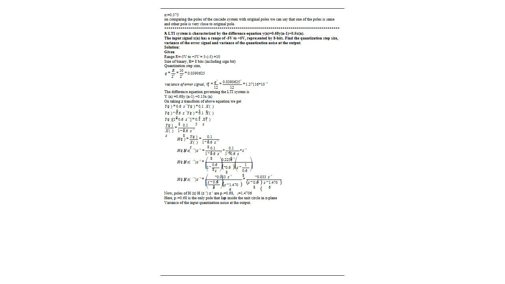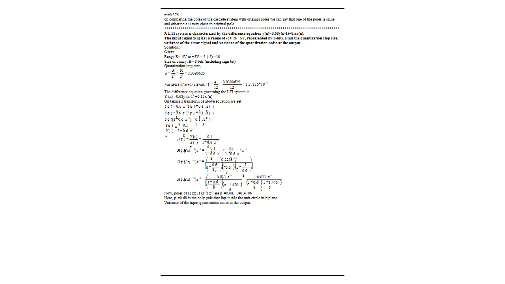So that is Y of z minus 0.68 z inverse Y of z is equal to 0.15 X of z. So Y of z into 1 minus 0.68 z inverse is equal to 0.15 X of z. So Y of z by X of z is equal to 0.15 by 1 minus 0.68 z inverse.